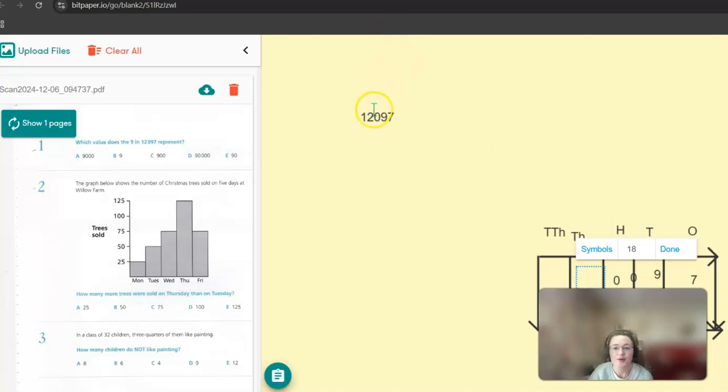Okay, and then what about this 2? Well, again, it doesn't just mean 2. It means, in fact, that there are 2 thousands in the number, and that therefore, if we were going to simply write what this 2 represents on its own, we would actually write 2,000. It's actually quite a big number.